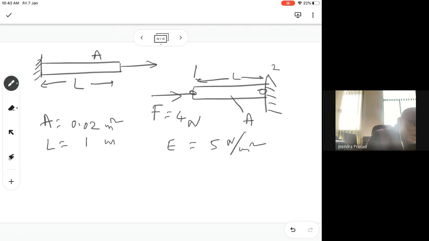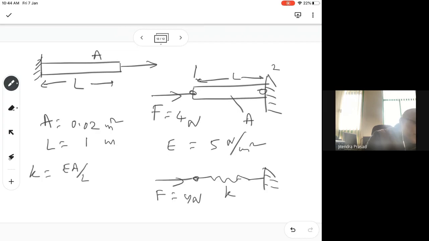Now one way here is to convert that into a spring, right? So that becomes a spring, and we have K here, and then you have force F equal to 4 Newton, and we have K equal to EA over L, where E is equal to 5. We will come back to this later. Actually, you can find out EA over L. Maybe today only I will do this one.